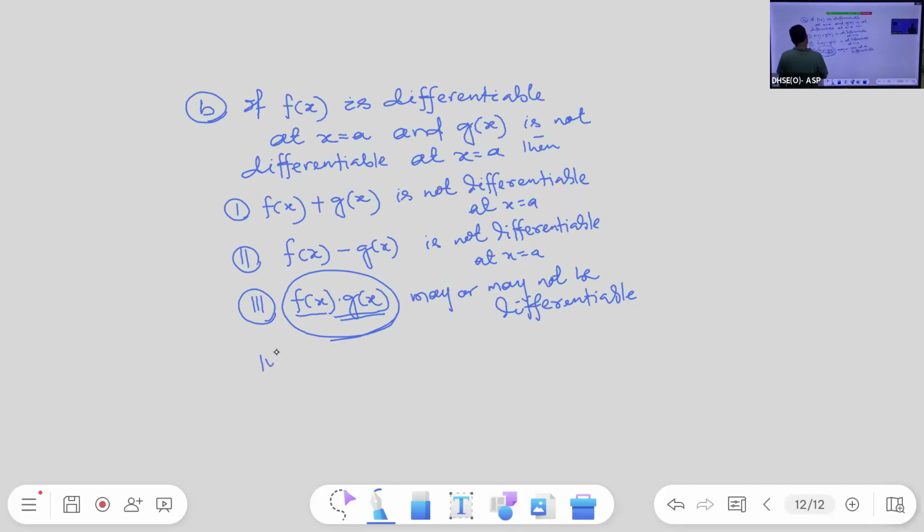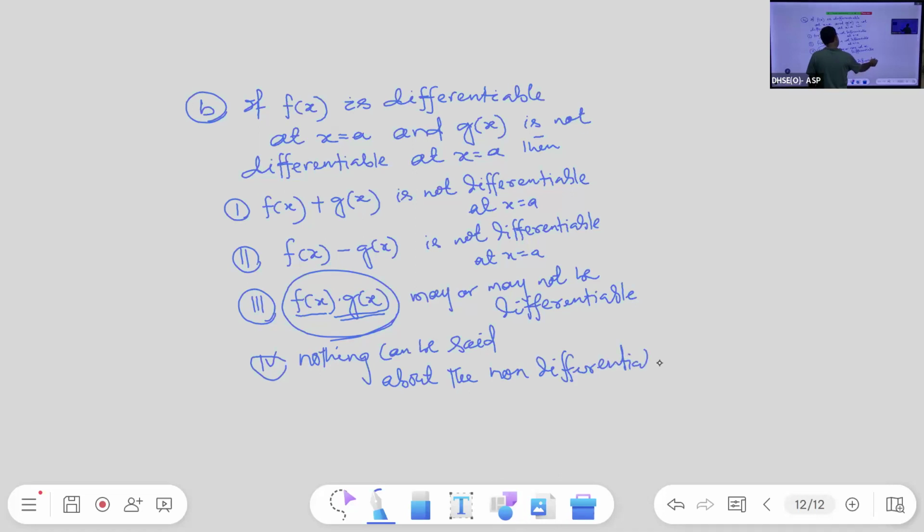Then the fourth part, nothing can be said about the differentiability of f of x upon g of x.